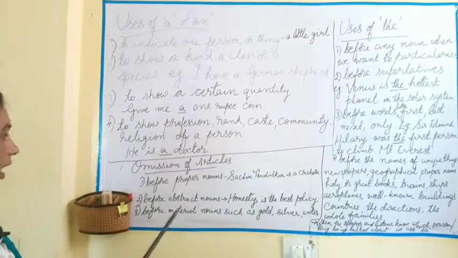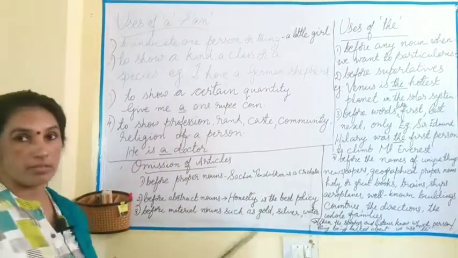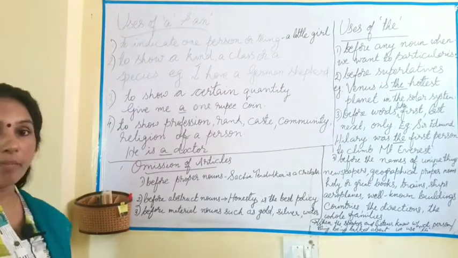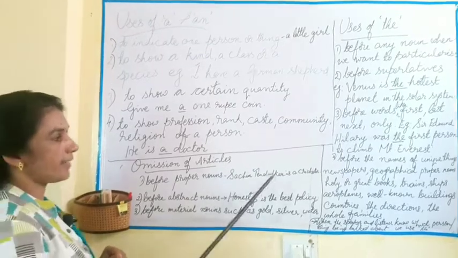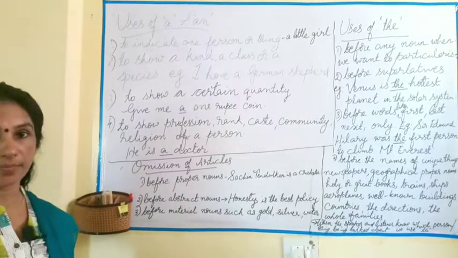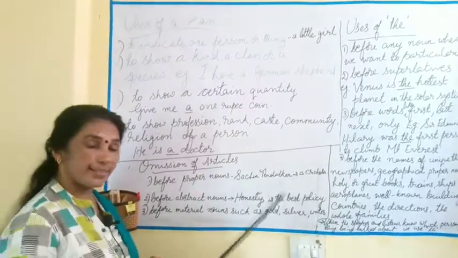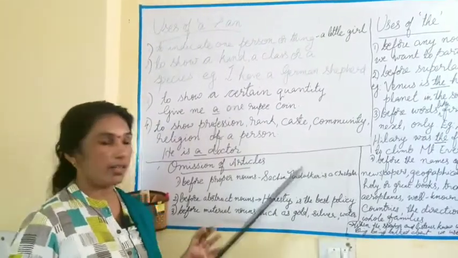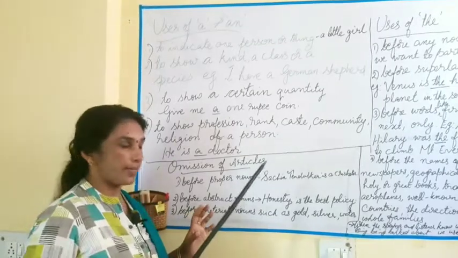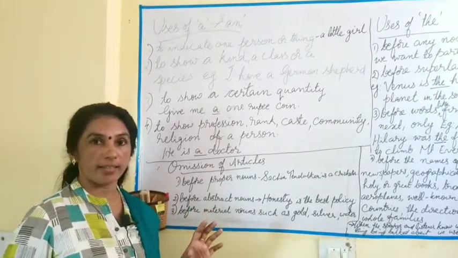We do not use articles before proper nouns, like the name of a person or place. Like, Sachin Tendulkar is a cricketer. Here Sachin Tendulkar is a proper noun, so we never say "the Sachin Tendulkar." We say, Sachin Tendulkar is a cricketer.